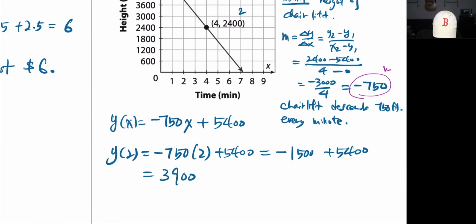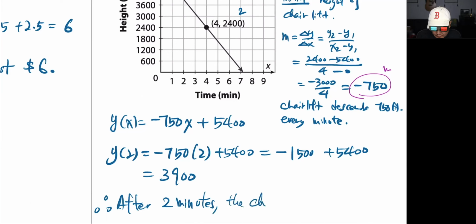So what that means is that after 2 minutes, the chairlift is at 3,900 feet, or 3,900 feet from the ground.